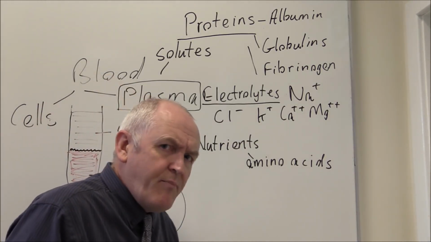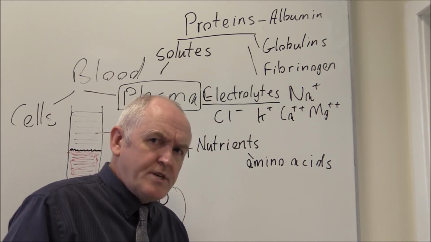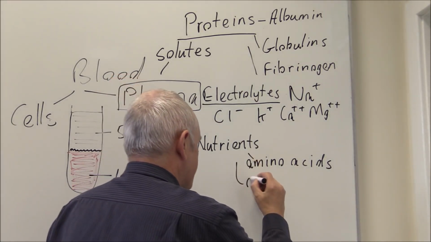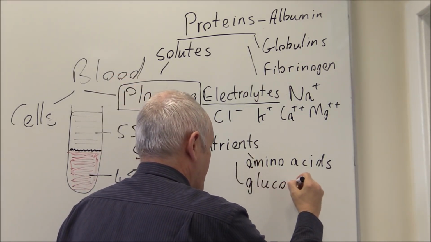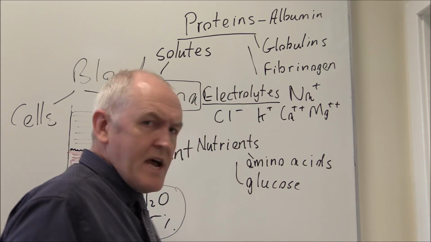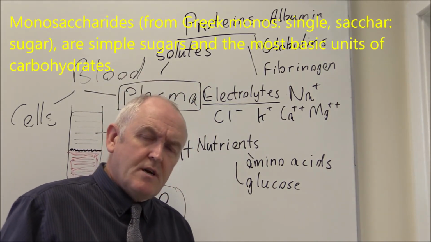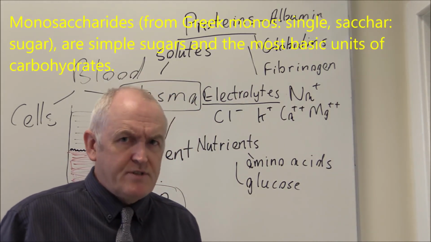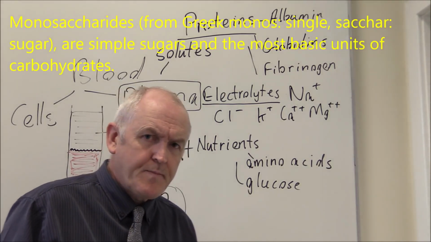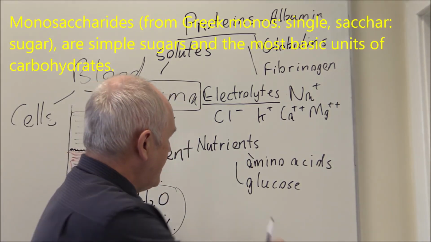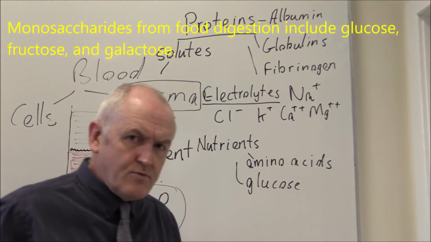And of course, it's very important that there is glucose in the blood. Now, various monosaccharide sugars are absorbed from the gastrointestinal tract into the blood. But the only one you're going to find in the blood is glucose.